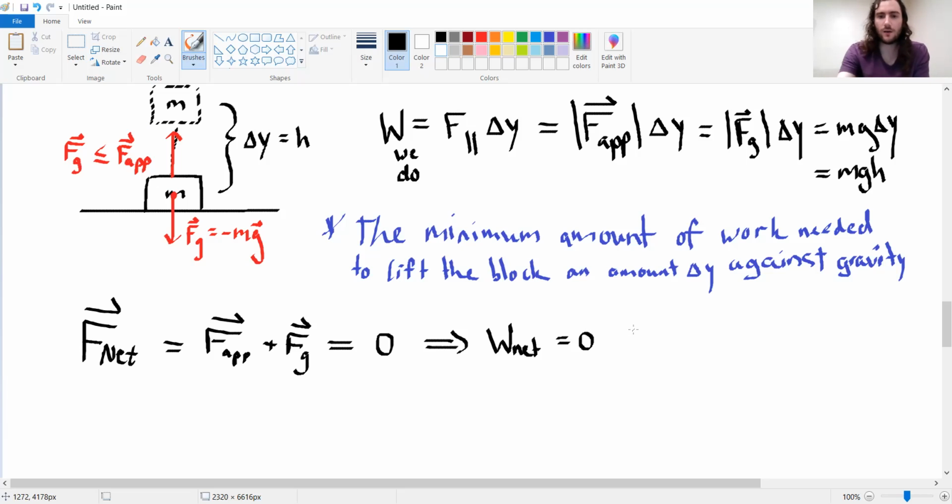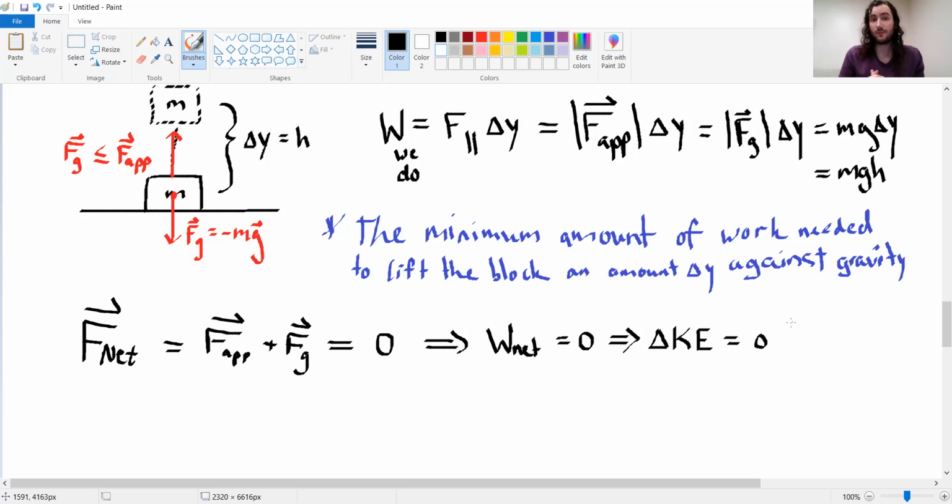And if the net amount of work done is 0, then the change in kinetic energy is also 0. So what that means is by lifting this mass, when we lift the mass all the way up that distance, h, or delta y above the surface of the Earth, we do so very slowly with vanishing velocity.